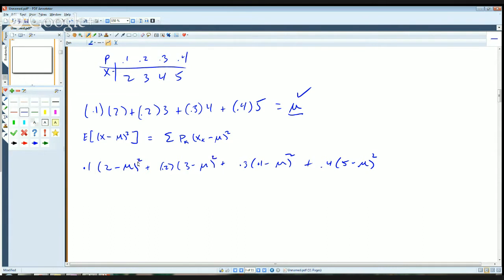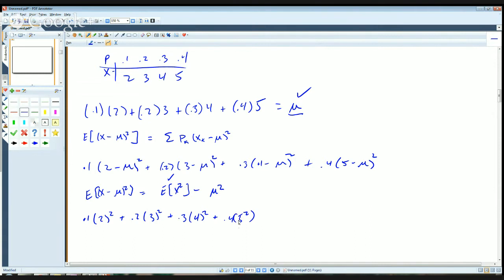Okay? The other way we could do it is that we know that the expected value of (x minus mu) squared works out to be the expected value of x squared minus mu squared. Okay? So we need to figure out what the expected value of x squared is. So that would be 0.1 times 2 squared plus 0.2 times 3 squared plus 0.3 times 4 squared plus 0.4 times 5 squared, okay?